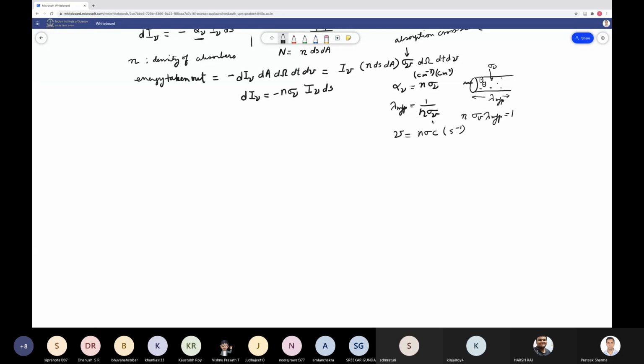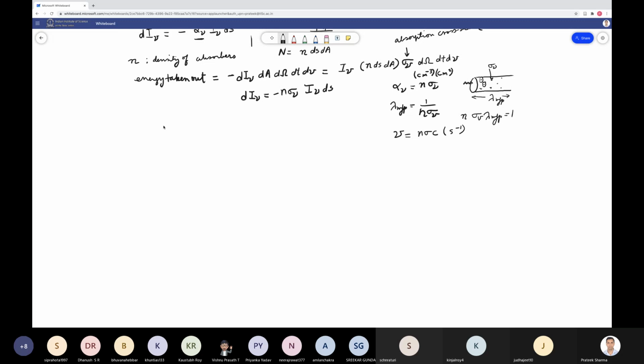And you can see that if the density of scatterers or absorbers is high, the mean free path is small. If the cross section of each of these particles is high, the mean free path is small and the collision frequency is high. So this all makes intuitive sense.